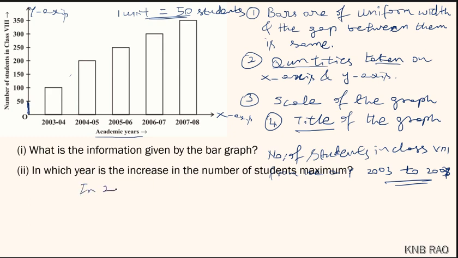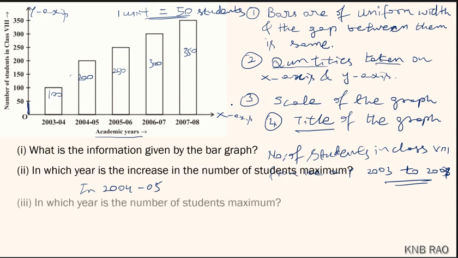In 2004-5 the maximum increment is there, 100, isn't it? 100 is increased, whereas in the year 2005-6 it is 250, 6-7 is 300, 7-8 is 350 strength. So, the answers you are giving are all called interpretation of the bar graph.